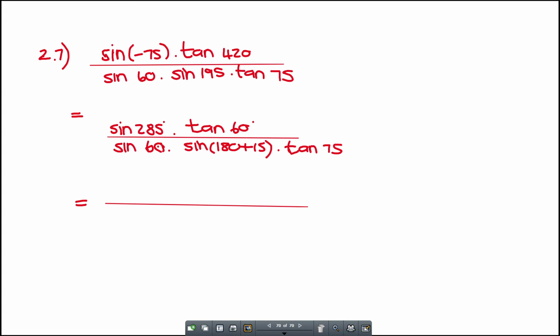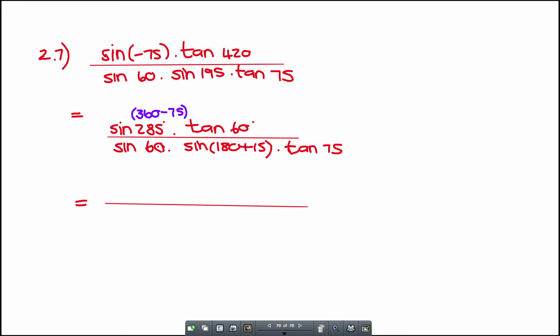Goed. Sin 285, that I can say is the same as, nee, ek jaak 360 minus 75. Nee? So dit sit my in die vierde kwadrant.